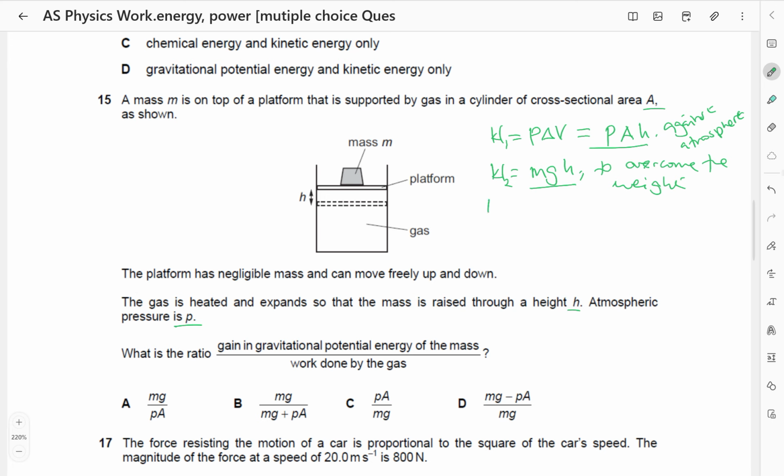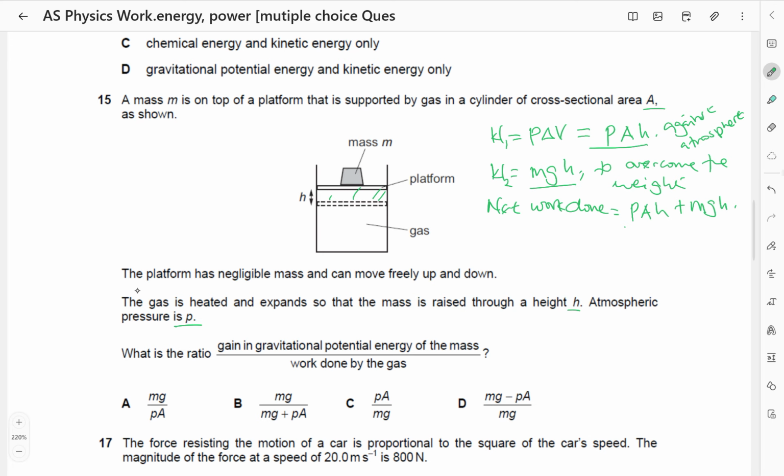That means the net work done is going to be the sum, W1 plus W2, that is pressure, area times h, plus mgh. For the first part, there was a change in volume here. That's why I said pressure times change in volume. Then we are trying to overcome the weight of the mass m. That's why we have mgh. So that is the total net work done.